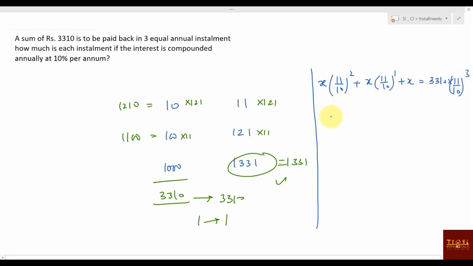Now if you add this, you take x common, you will be getting something like 1 plus 11 by 10 plus 121 by 100 equal to 3310 into 11 cube by 10 cube.